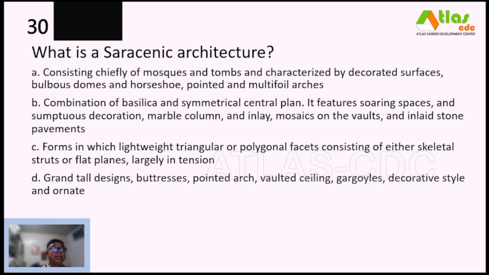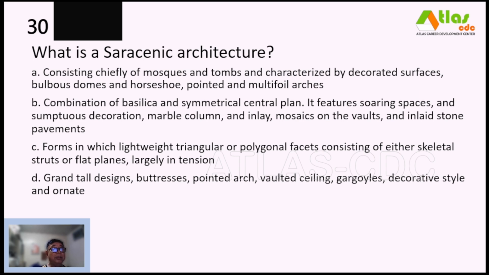Number 30. What is a Saracenic architecture? A. Consisting chiefly of mosques and tombs and characterized by decorated surfaces, bulbous domes, and horseshoe-pointed and multifoil arches. B. A combination of basilica and symmetrical central plan. It features soaring spaces and sumptuous decoration, marble column and inlay, mosaics on the vaults, and inlaid stone pavements.